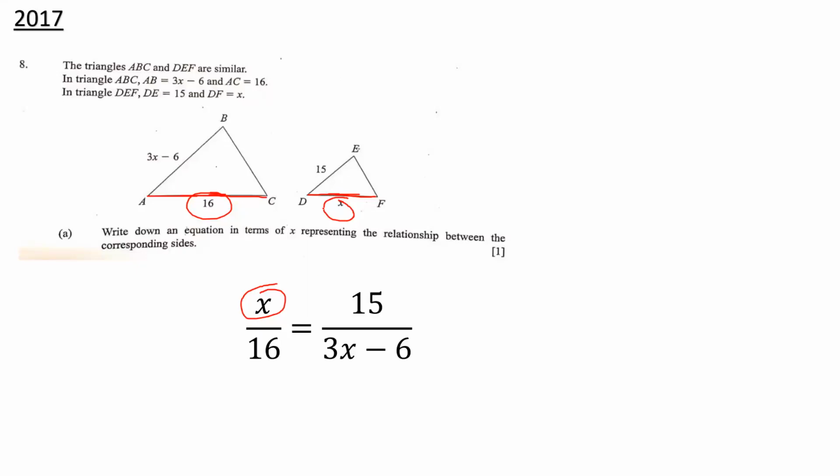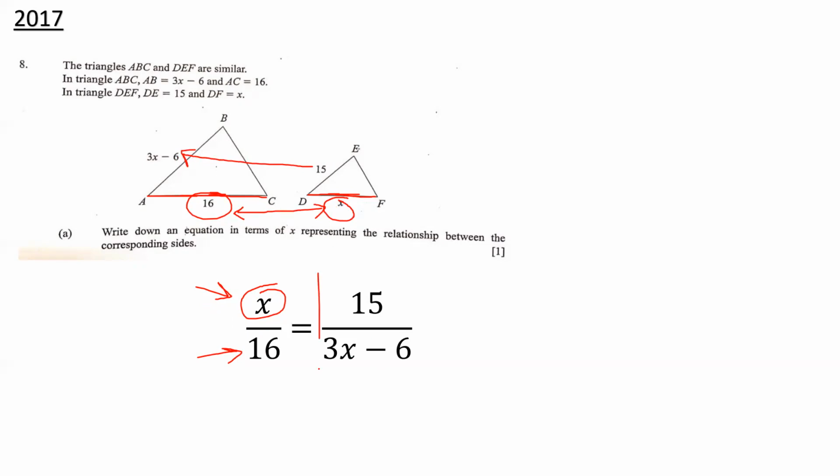So remember, the ratio of corresponding sides must be equal to the ratio of corresponding sides. We know that X and 16, these two are corresponding sides. So their ratio, X over 16, must be equal to this ratio of what? 15 and 3x minus 6.